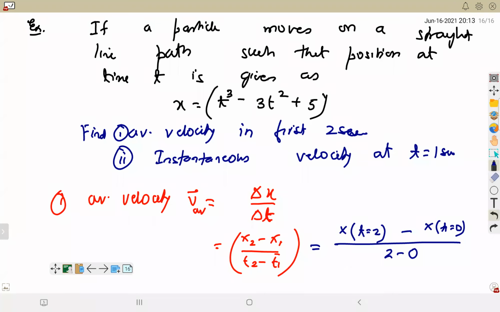So minus 2 meter per second. Yes, sir, same answer.